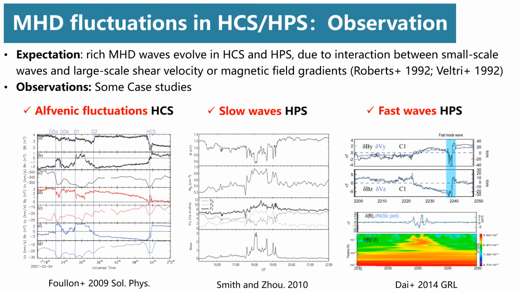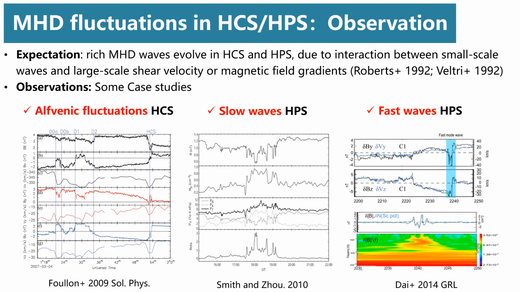Due to some wave generation mechanism, a variety of MHD waves are expected to evolve in the HCS and the HPS. Rich MHD fluctuations are indeed observed by some case studies.